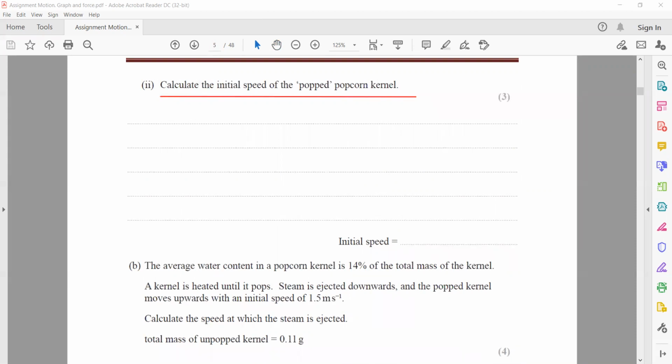We can use the concept of energy. We can also use the equation of motion: v equals u plus at. If we consider the final velocity to be 0, we can find the initial velocity.